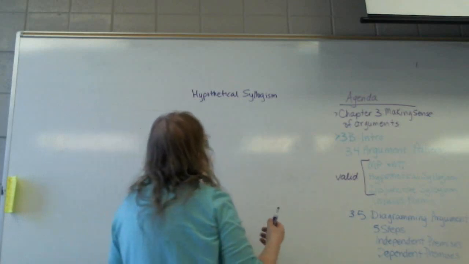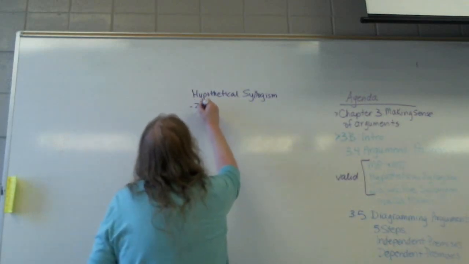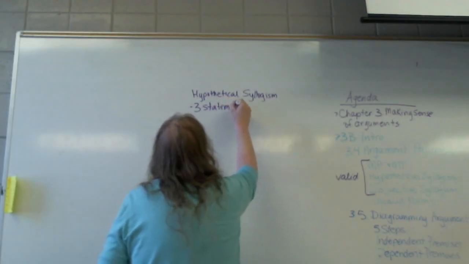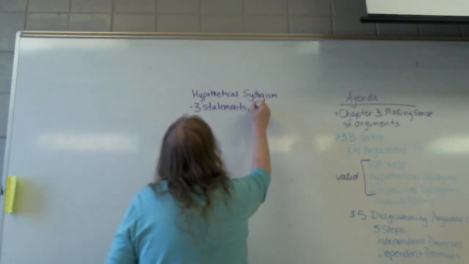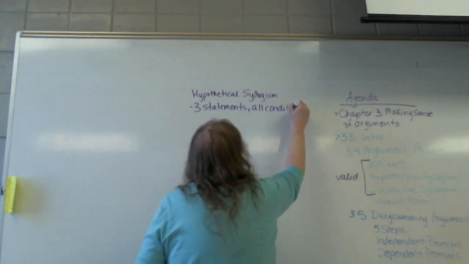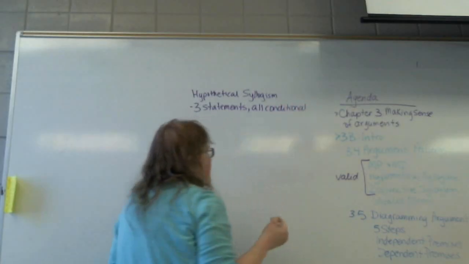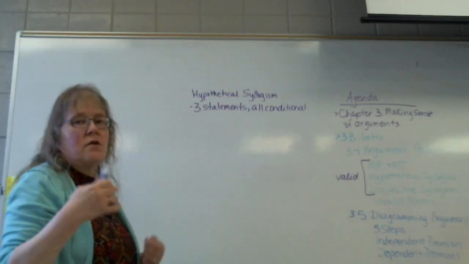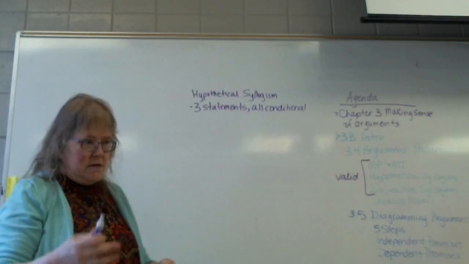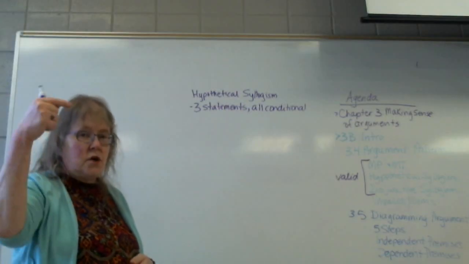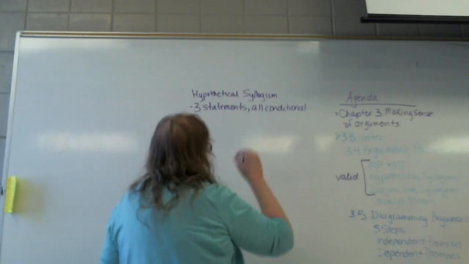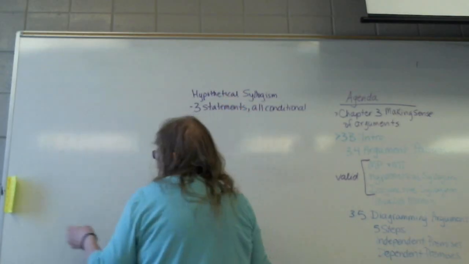So it's a conditional syllogism. It is 3 statements, because it's a syllogism, all conditional. Our modus ponens and our modus tollens are also syllogisms. They have 3 parts, but they only have one conditional. They start with the conditional and then they give us the parts. So a hypothetical syllogism, all are conditional.